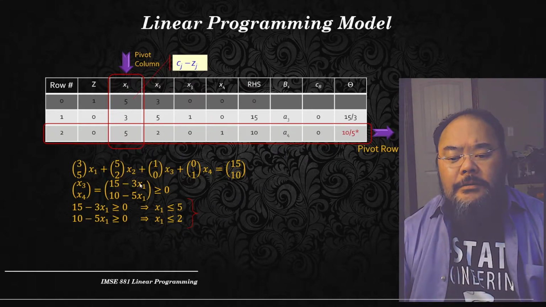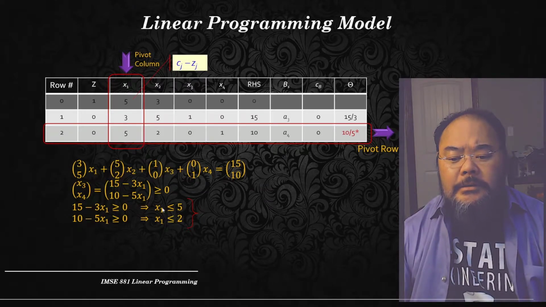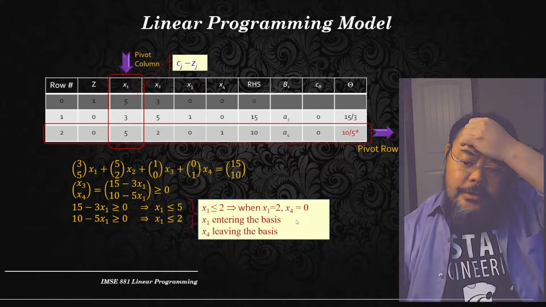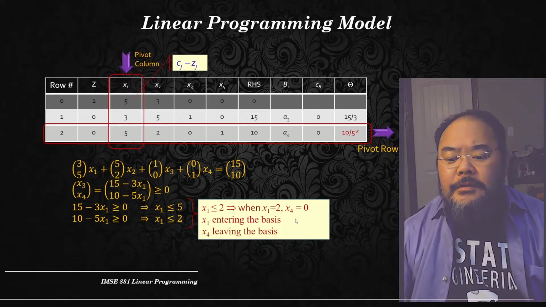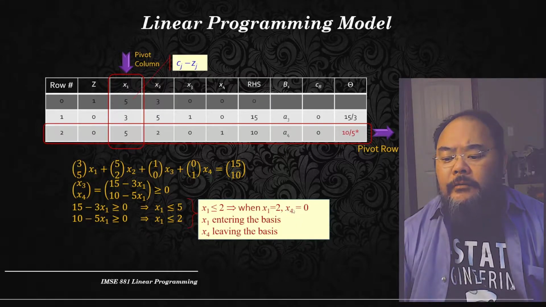Both 15 minus 3x1 and 10 minus 5x1 have to be non-negative, so x1 has to be less than or equal to 5, and x1 has to be less than or equal to 2. Therefore x1 enters the basis, x4 leaves the basis, and in the next iteration x1 equals 2, and x4 takes a value of 0 and leaves the basis.